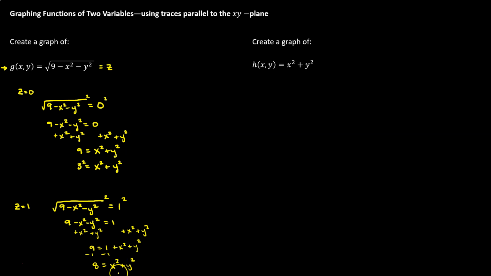In this case, the trace in the plane z equals 1 produces the equation 8 equals x squared plus y squared. Now that's definitely a circle centered at the origin.